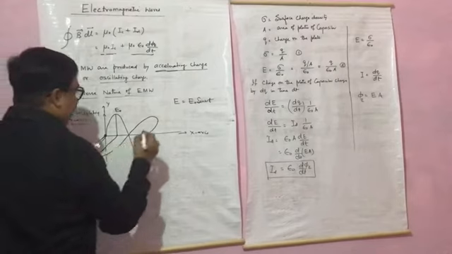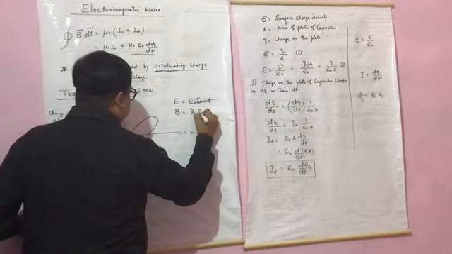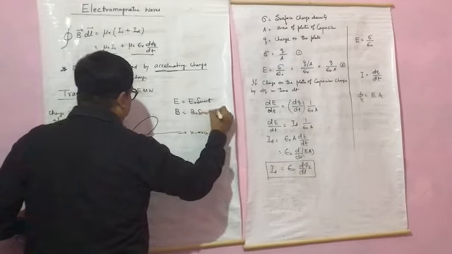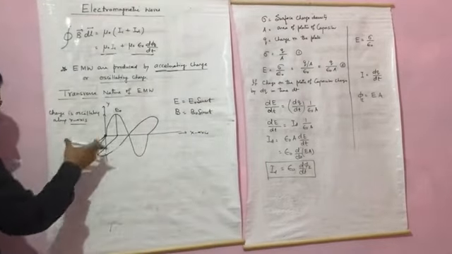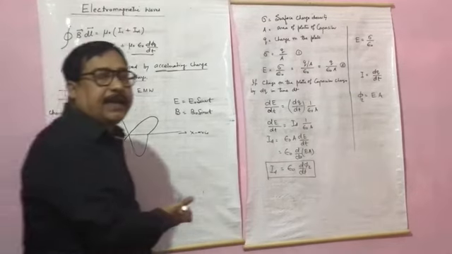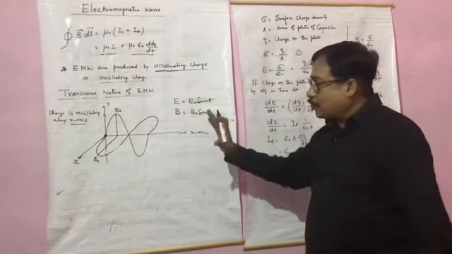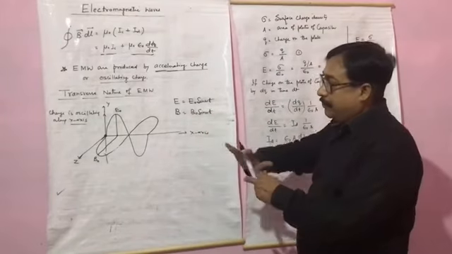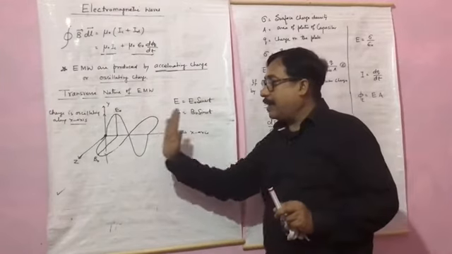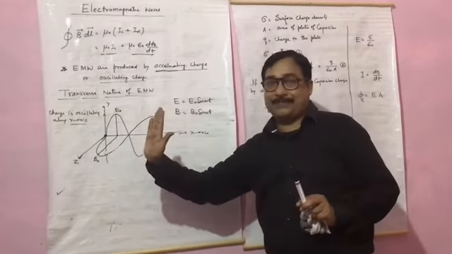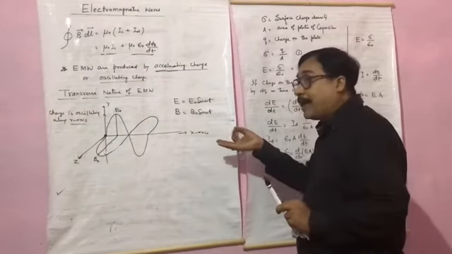So the magnetic field is B = B naught sine omega t. This is along the x-axis, and the wave produced by this oscillating electric and magnetic field moves along the x-axis. So finally, the electric and magnetic fields vibrate along the YZ plane when the direction of propagation of electromagnetic waves is along the x-axis.